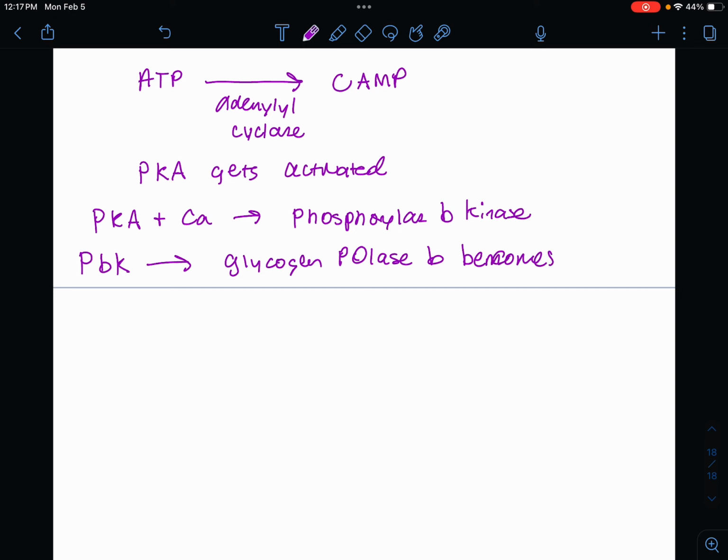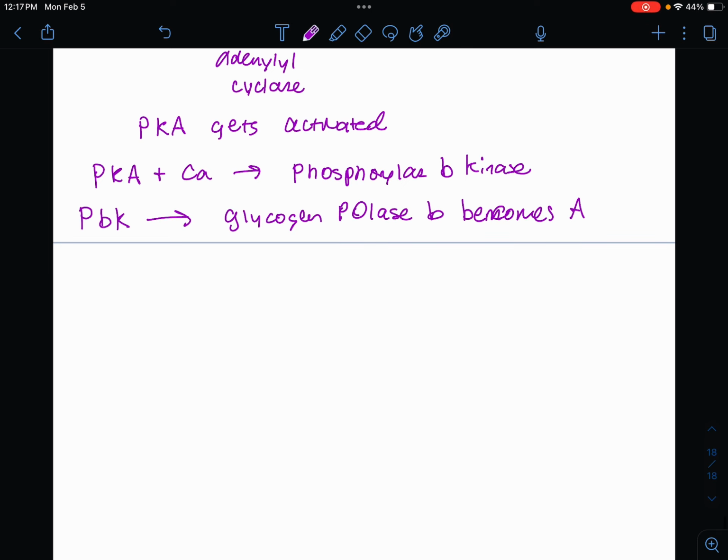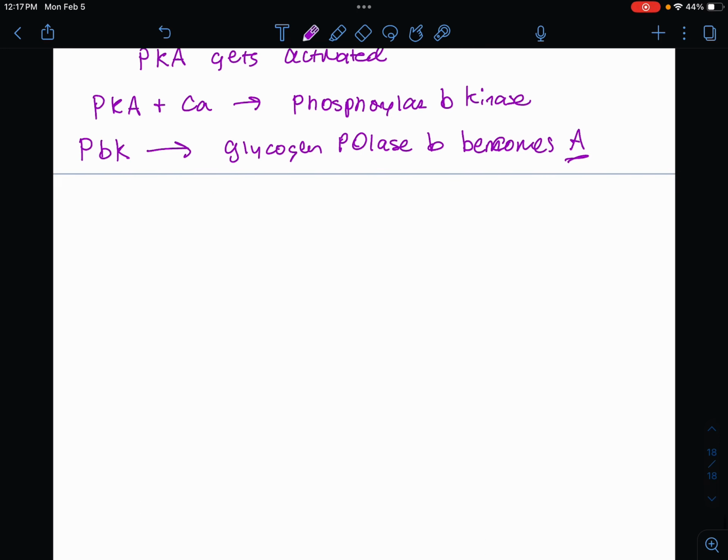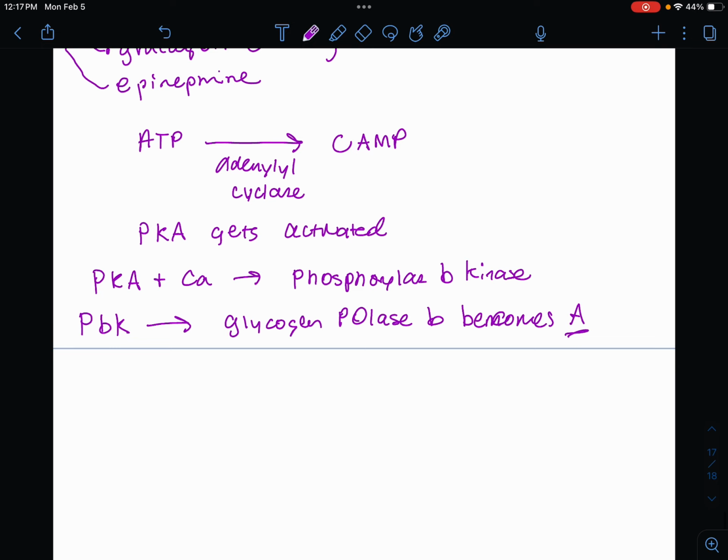There we go. Sorry about that. Right, so when glycogen phosphorylase B becomes activated by phosphorylation, it becomes A. Remember, this is the active form of that enzyme. And when that happens, we're able to then go through the process of breaking down glycogen. We have glycogen acted on by glycogen phosphorylase A. That creates glucose 1-phosphate. We have 10,000 molecules there, and then those could either go into glycolysis.